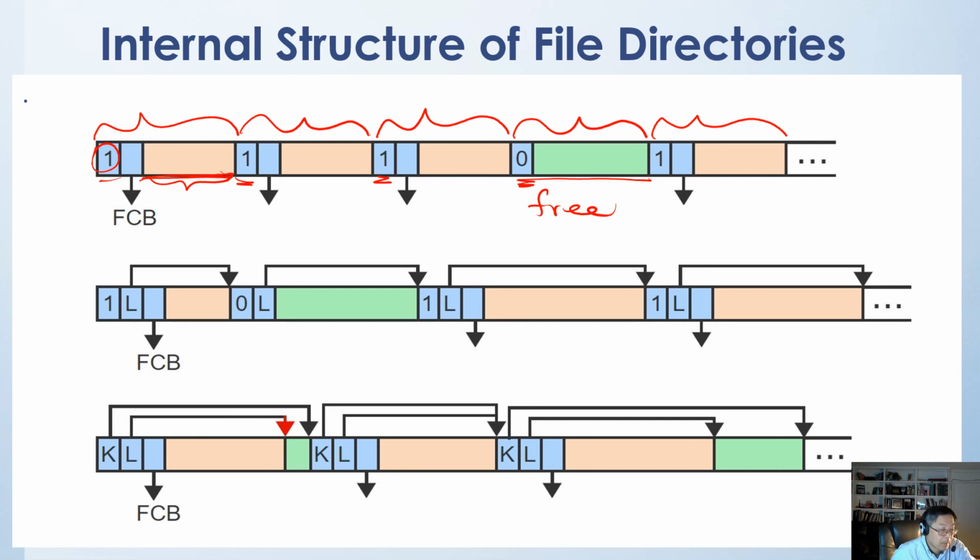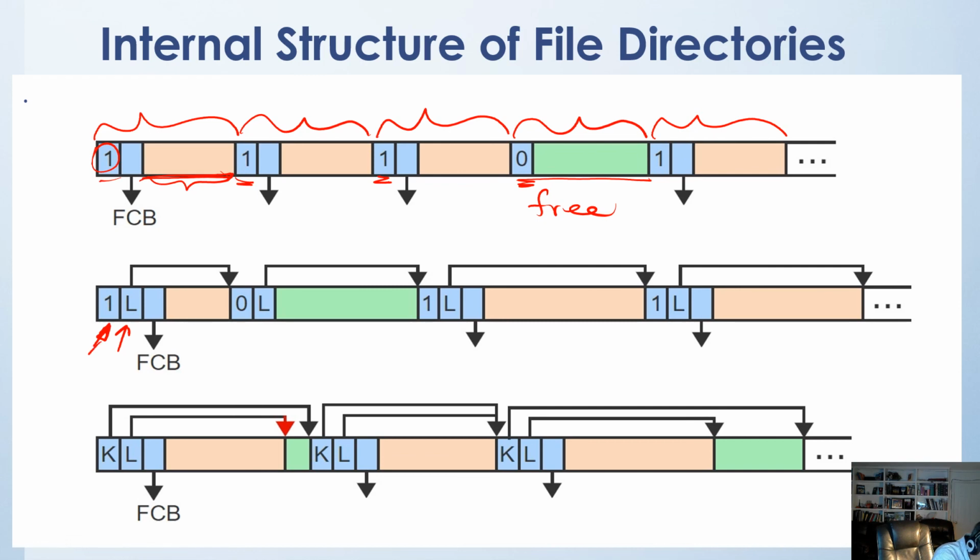Now the second approach: the directory is an array of variable length entries. Each entry contains a length field, the length field L, and either a valid file name or free space. Again, we use 1 bit to represent whether this entry is occupied or not.